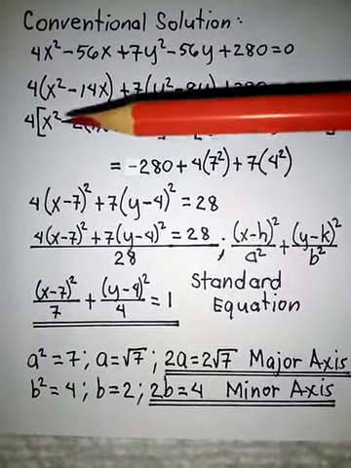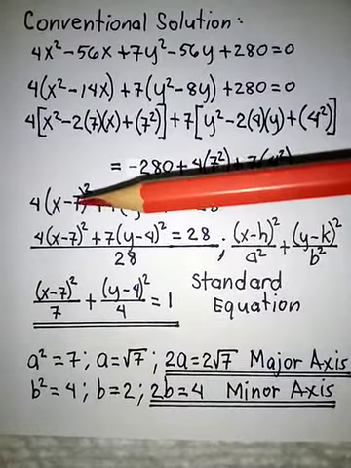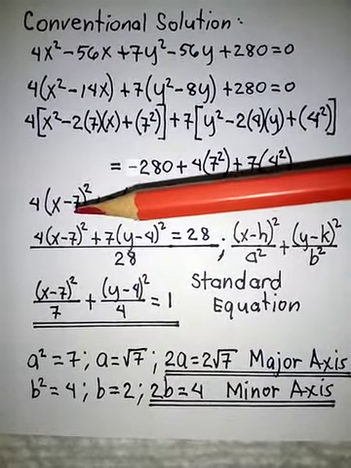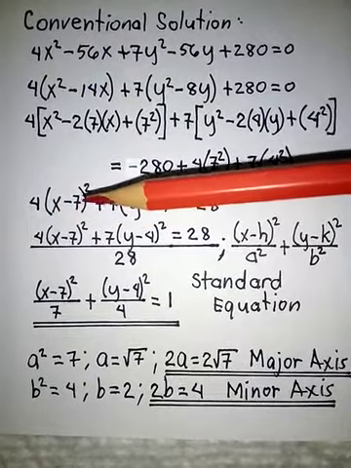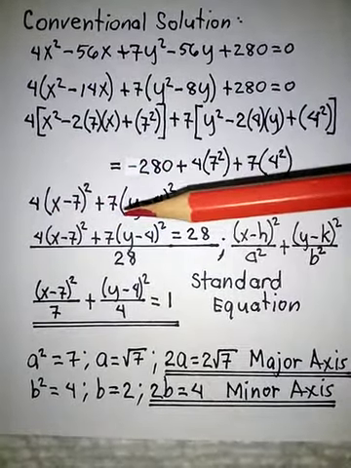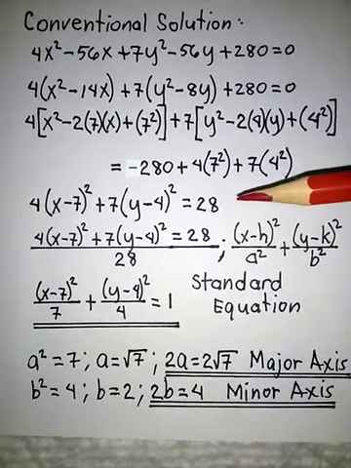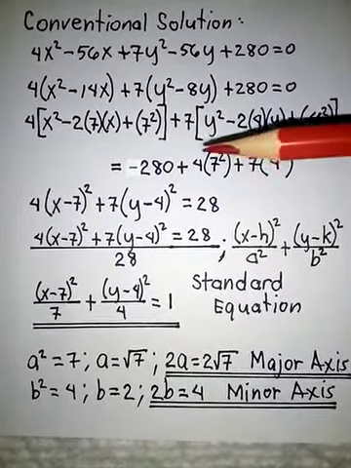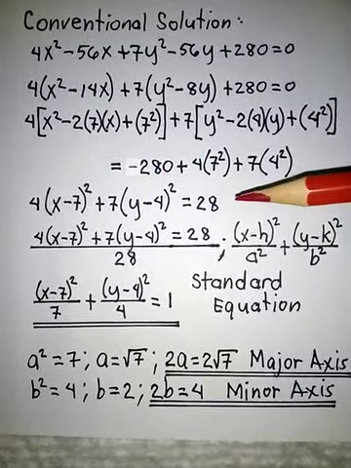So simplifying, this is now a binomial squared. So we have 4 times x minus 7 quantity squared plus 7 multiplied by y minus 4 quantity squared is equal to, so the sum of all these constants is equal to 28.